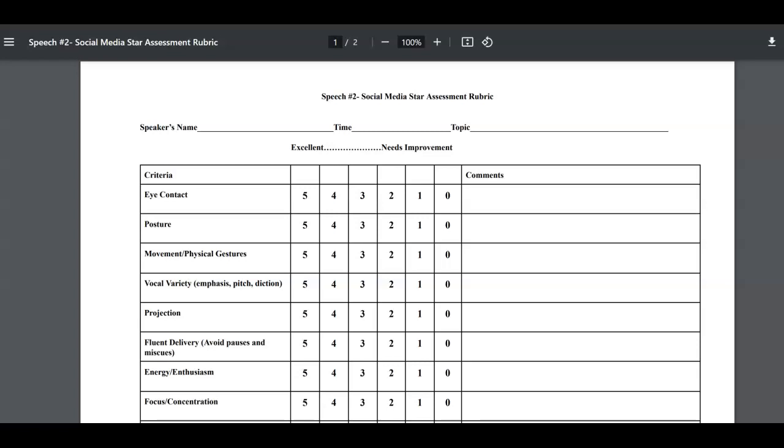Your vocal variety includes all the things that go into the quality of our voice: our emphasis, how loud or how soft we speak, and then the words themselves that we choose. This is a formal occasion. You want to maintain your most formal voice every time you give a speech. You want to avoid slang words.